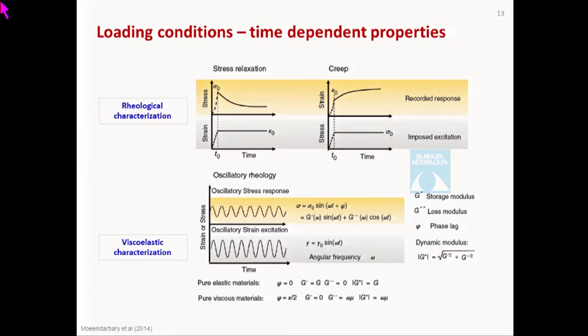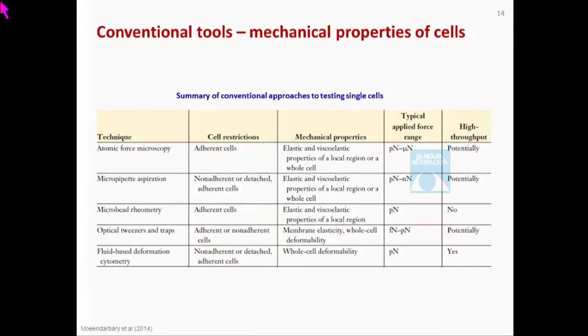And your G prime, the storage modulus, is 0 for a viscoelastic liquid, and only the loss modulus exists, given by mu omega, where mu is viscosity and omega is the frequency. So a cell is actually somewhere in between. Okay? You can have a viscous component and an elastic component also. A cell is viscoelastic, so you have to take care of both G prime as well as G double prime.